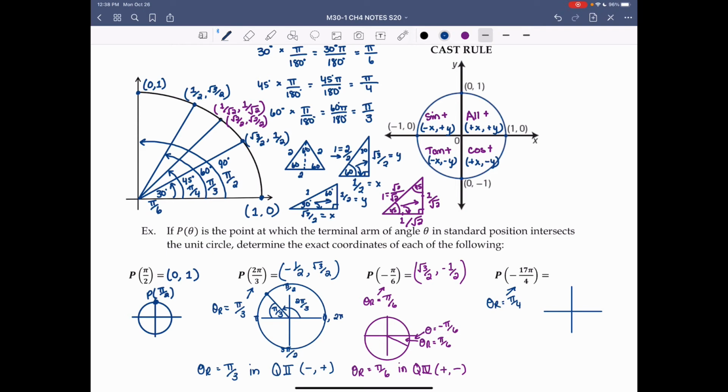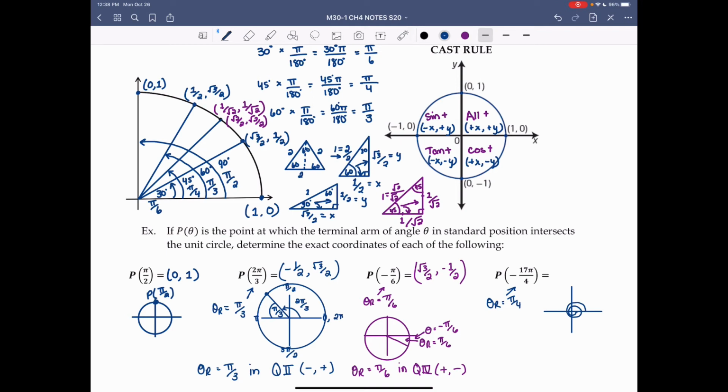So it's going to go this way. It's bigger than 2 pi, because 2 pi would be 8 pi over 4. So it's going to go around 1 full time for sure, that's 8 pi over 4. And then if we did another 8 pi over 4, that would be 16 pi over 4. So it goes around 2 full times.